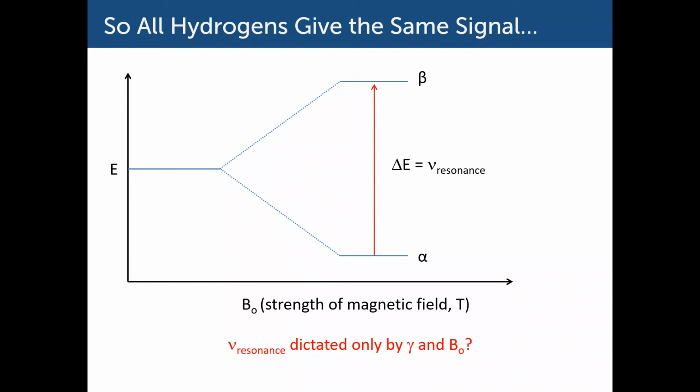So the insight that we have is that resonance frequency appears to be dictated by a couple of things. The gyromagnetic ratio, so that's the constant for the nucleus. That's not helpful in and of itself because every hydrogen atom has the same gyromagnetic ratio, but also the strength of the magnetic field. So if I make the instrument stronger, like if I make the big magnet even bigger, then this energy difference gets bigger.